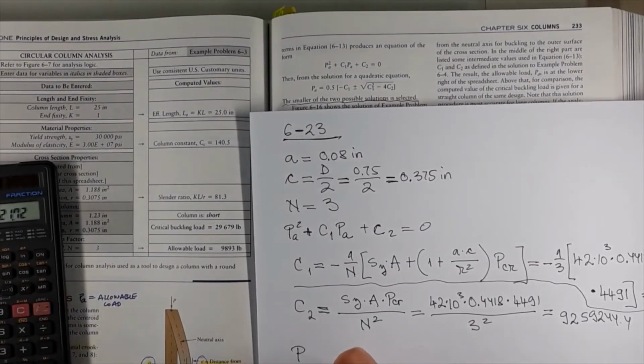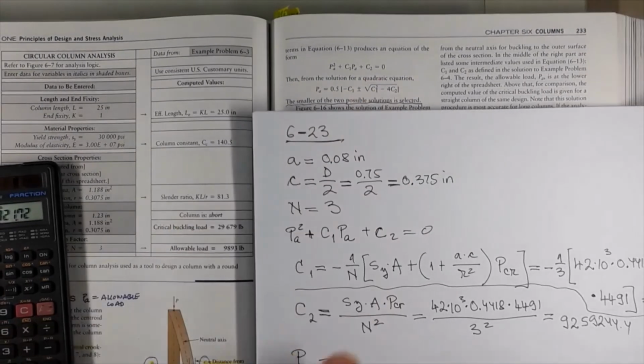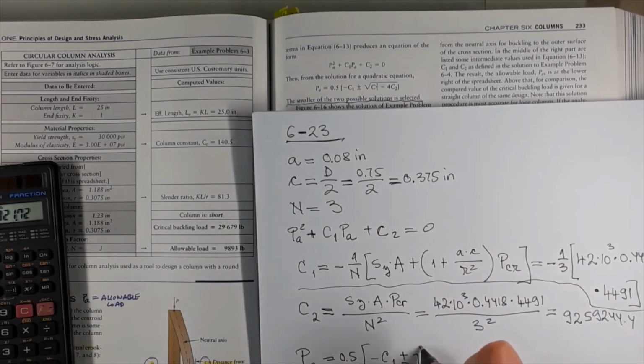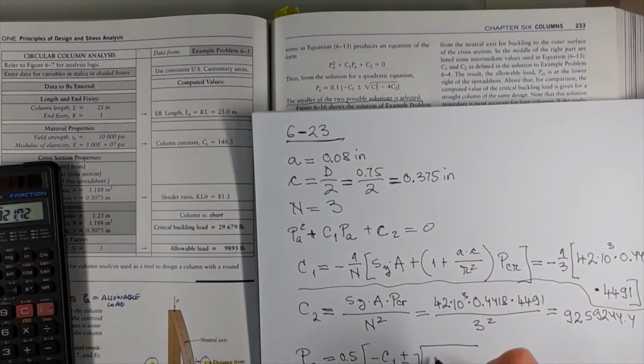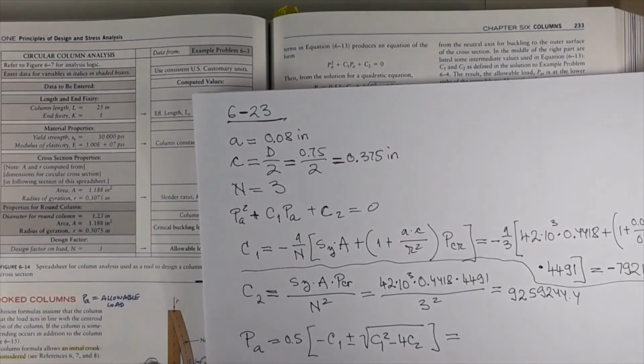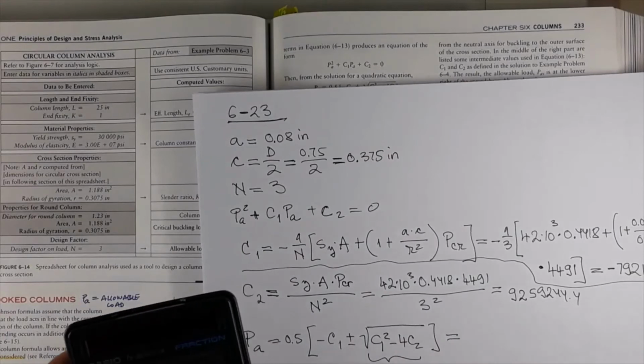Okay, so the allowable load according to this equation is going to be 0.5 times negative C1 plus or minus the solution to a quadratic, square root of C1 squared minus 4C2. Okay. So let's calculate the discriminant first.